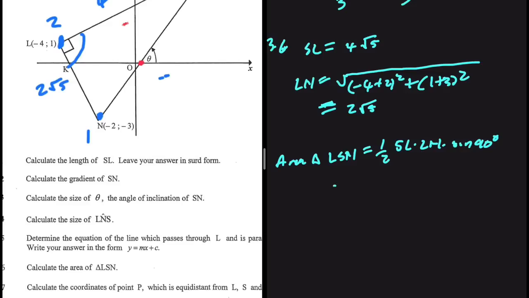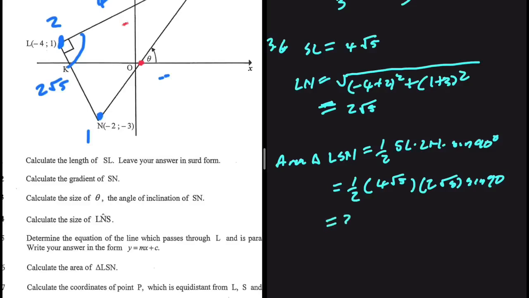This will be equal to half times 4 square root of 5 multiplied by 2 square root of 5 times sine of 90, which is 1. So I just need to put that in my calculator.